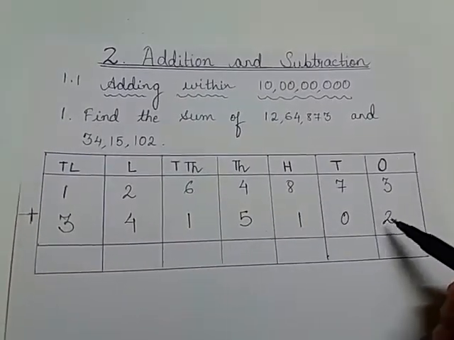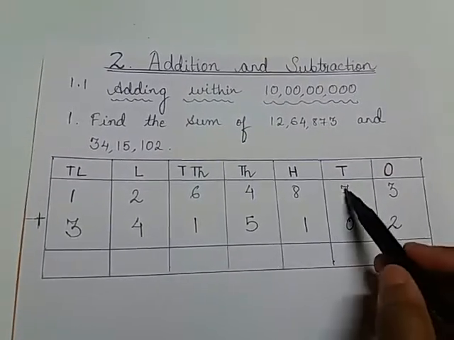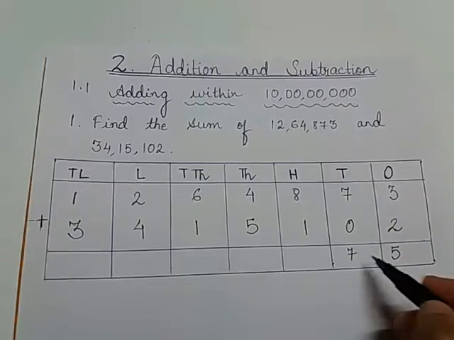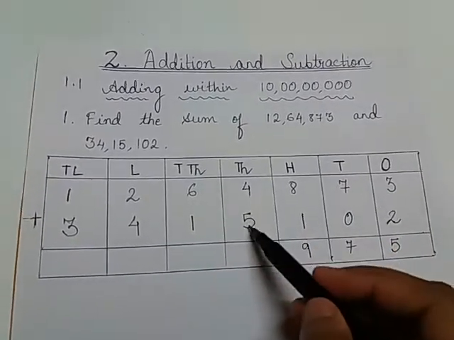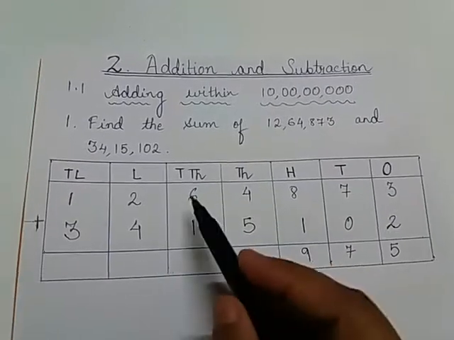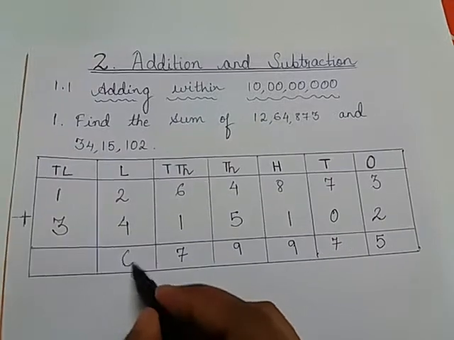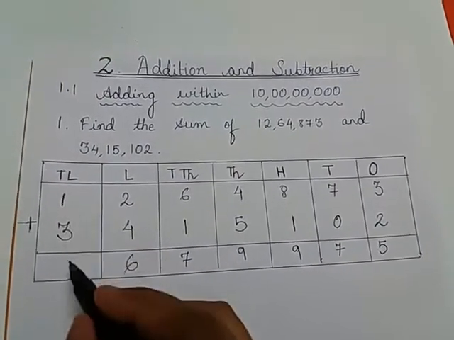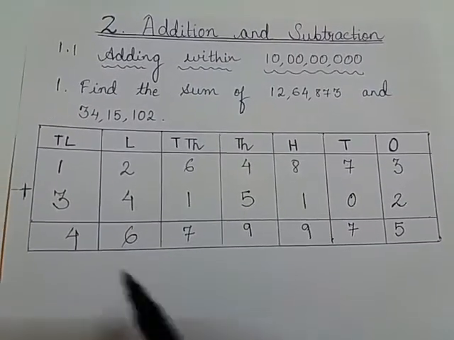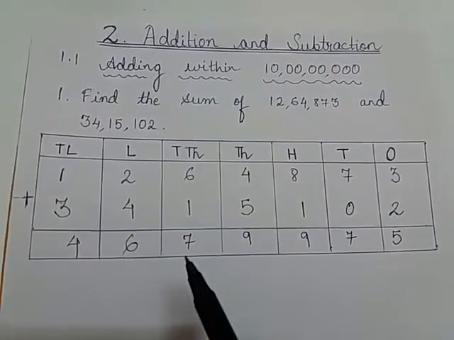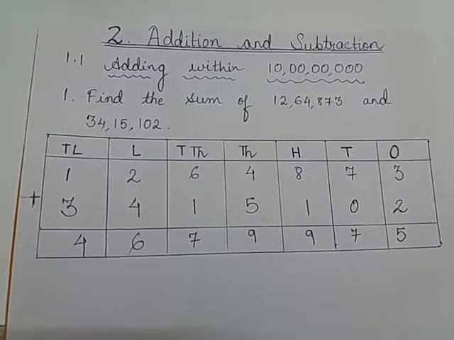So let's start. 2 plus 3 is 5. 7 plus 0 is 7. 8 plus 1 is 9. 4 plus 5 is again 9. 6 plus 1 is 7. 4 plus 2 is 6. 3 plus 1 is 4. So this is the answer, 46,79,975. This is very easy.